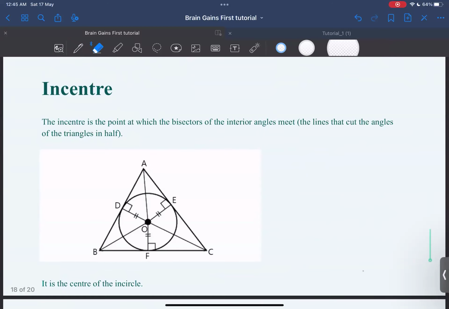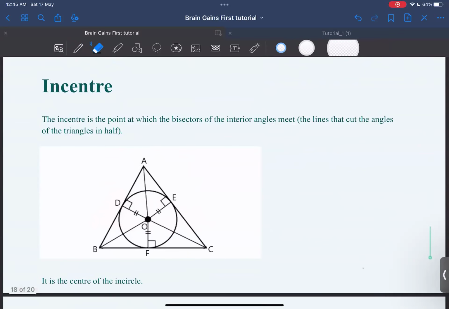Okay, so I think this last one. Okay, incenter. So the incenter is the point at which the bisectors of the interior angles meet. So now the bisector of the interior angle is a line that cuts each of our interior angles in half. Right, so bisector or bisect in general means to cut things in half.